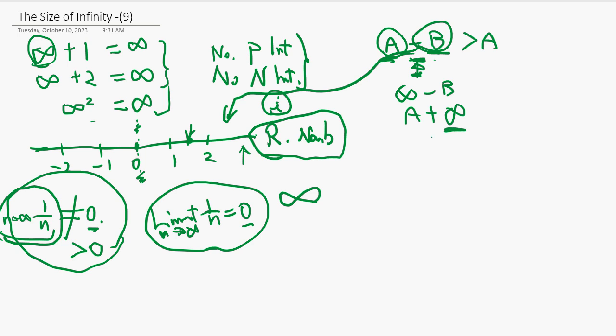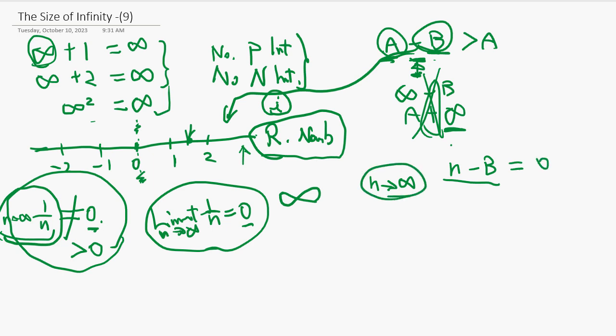You cannot do this operation. Okay, so in math, carefully we use this notation n equals infinity, right? So when you say n minus b, it's some number, but once you say n goes to infinity, then this becomes infinity.